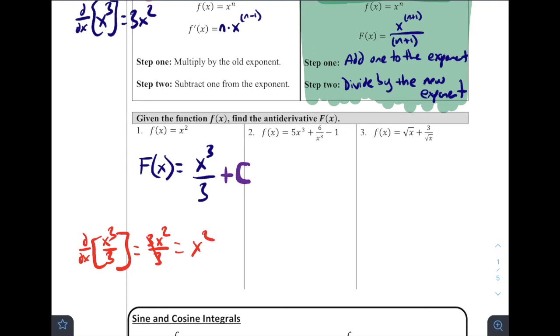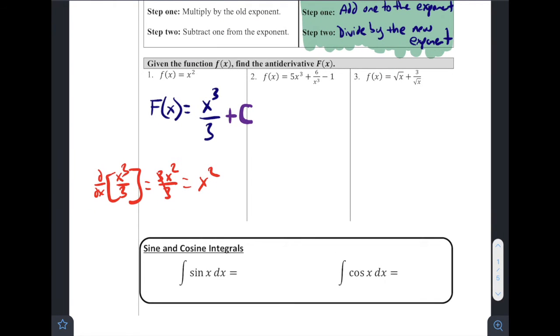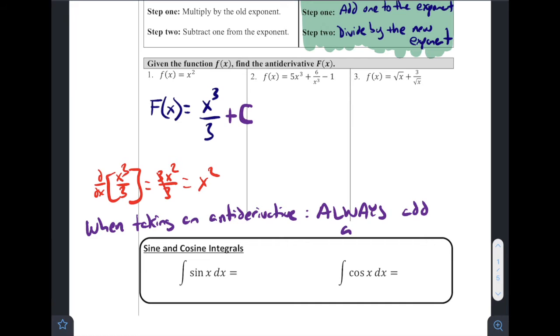And this is an important thing for me to highlight: when taking an antiderivative, always add a plus c.